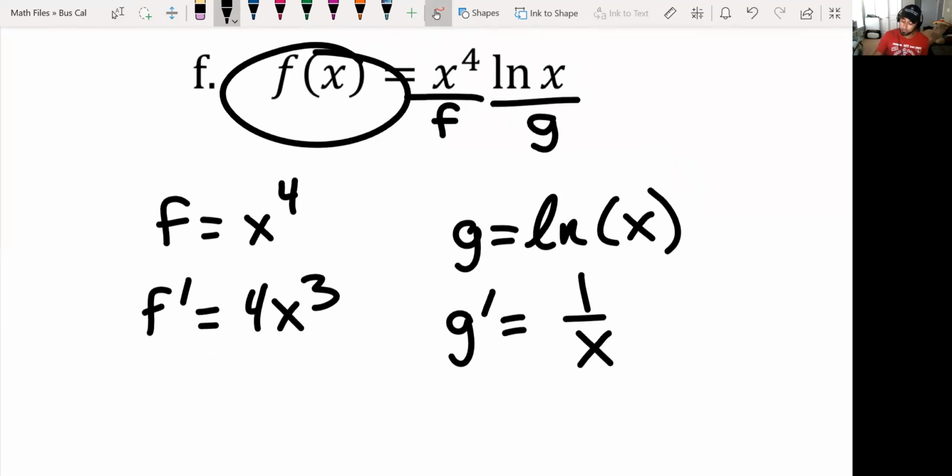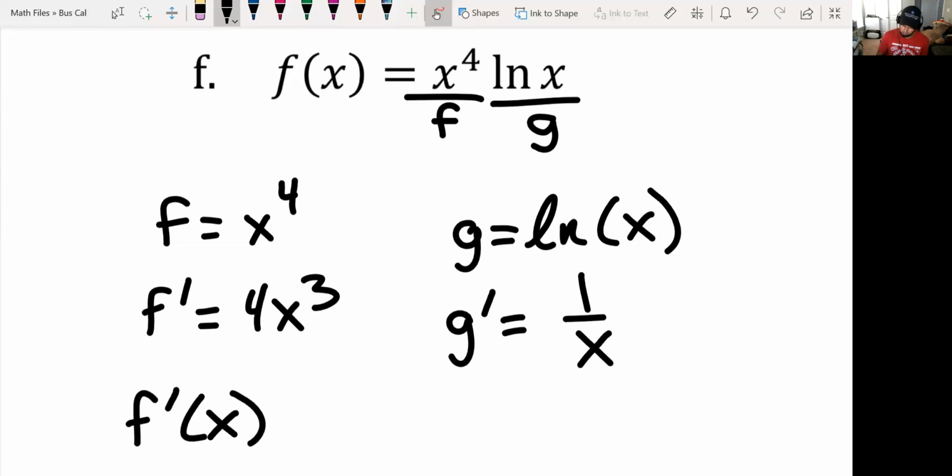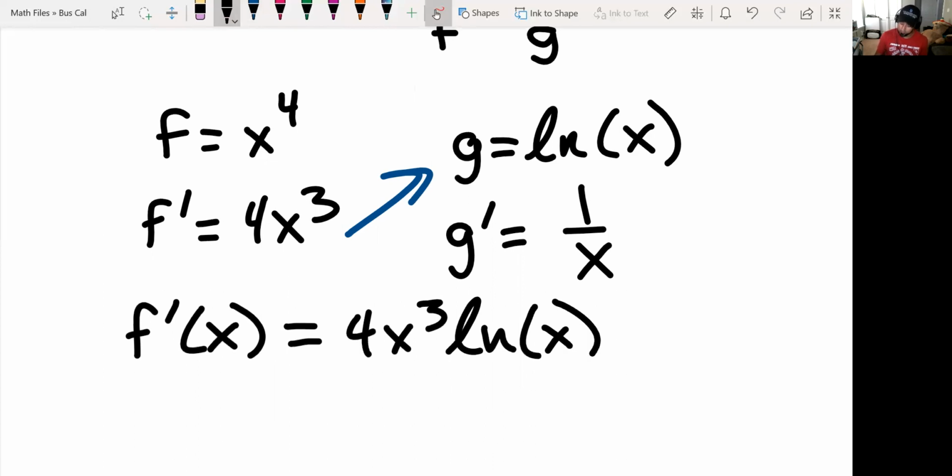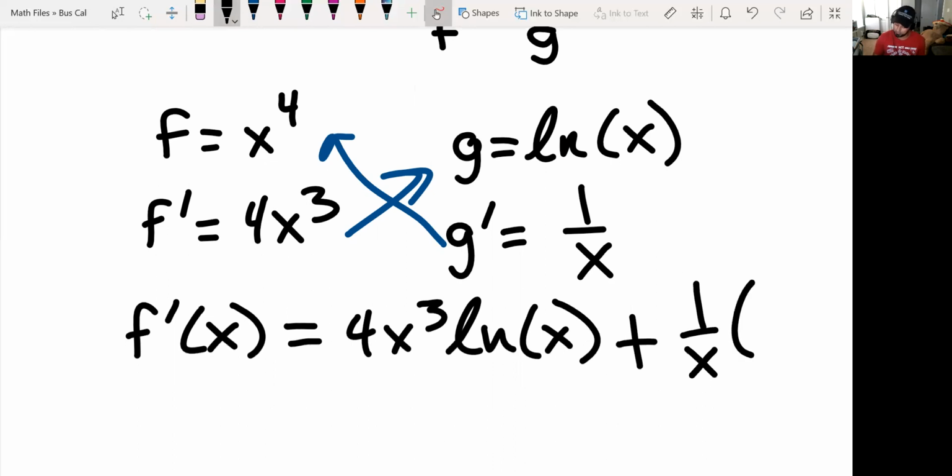Taking the derivative of f of x, so f prime x, and follow your product rule. All day, all day. 4x cubed times the natural log of x plus one over x times x to the 4th.